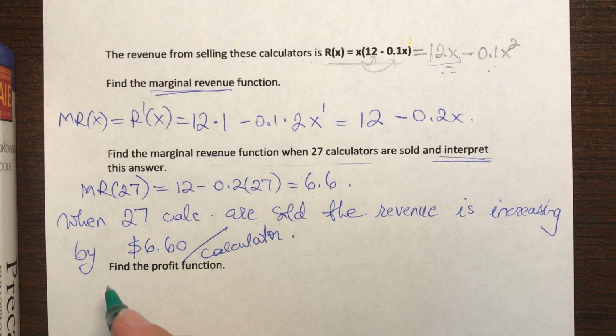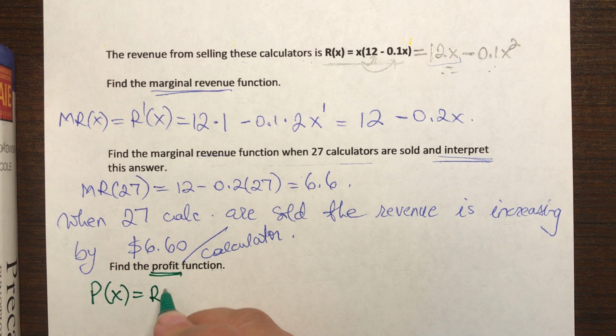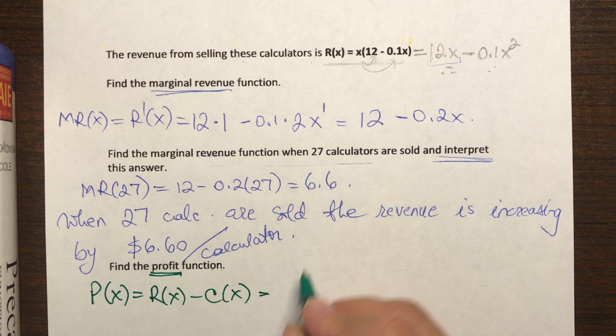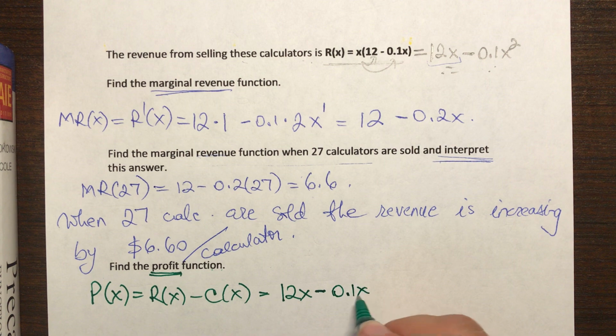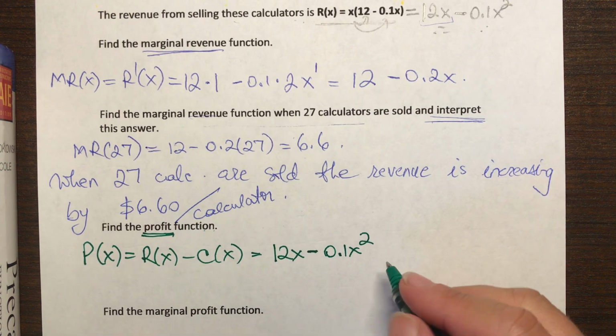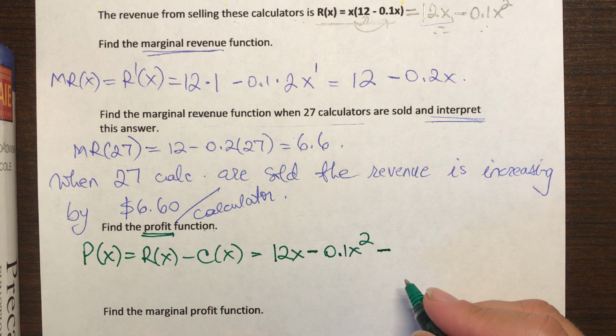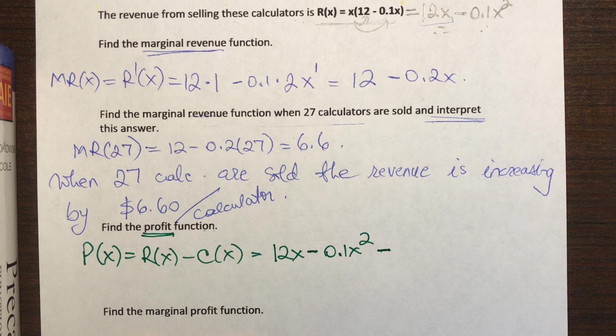Find the profit function. First of all, what is the profit? The profit function is simply the revenue function minus the cost function we had. Now the revenue function, I might as well write it in this distributed form, minus the cost function. I'm going to also write it in my rearranged form. I'm going to look back.